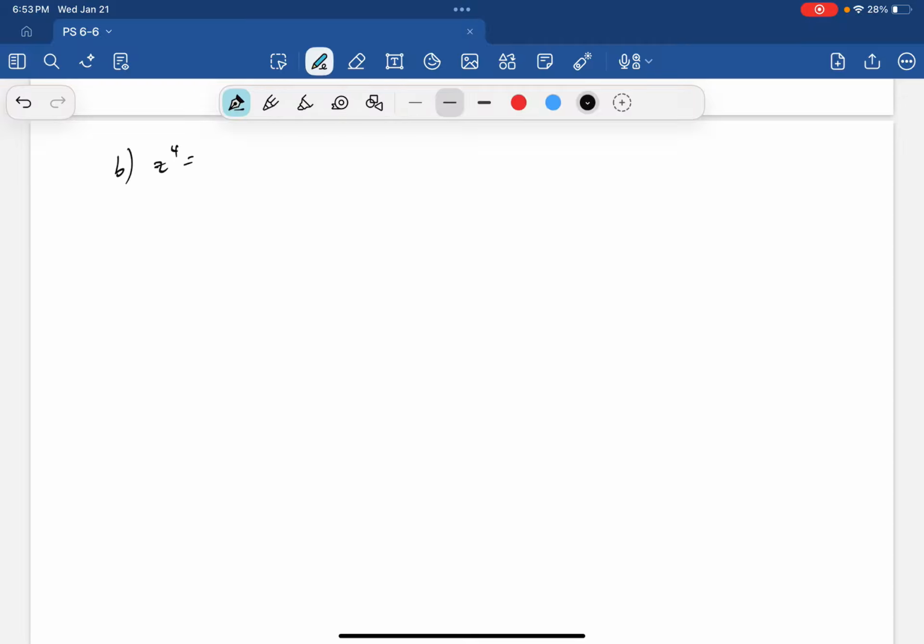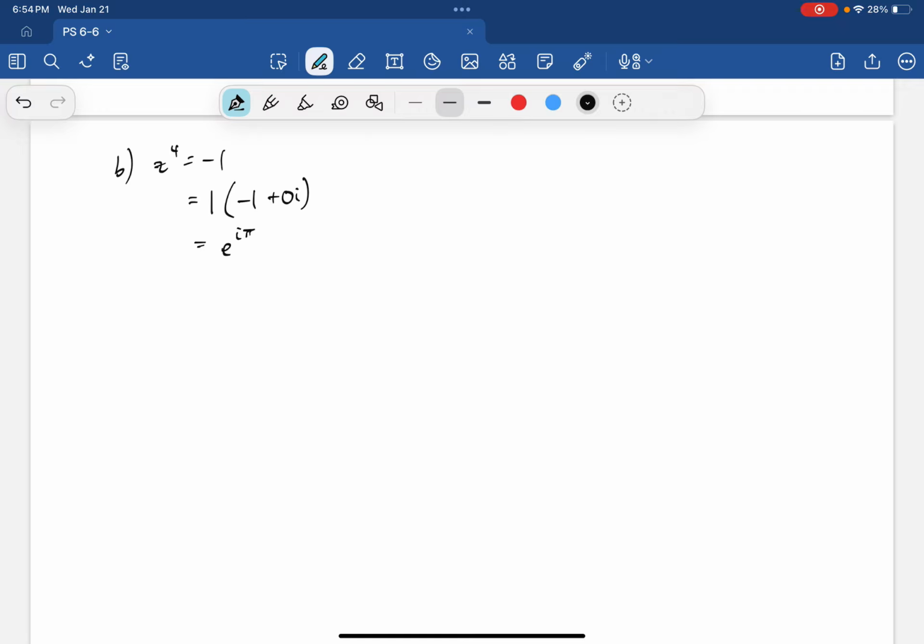z to the 4th equals -1. Okay, the first step is always, of course, to write this in exponential form. So we need to factor out the magnitude, which is 1. And then we're going to be left with -1 plus 0i, which is e to the i pi.